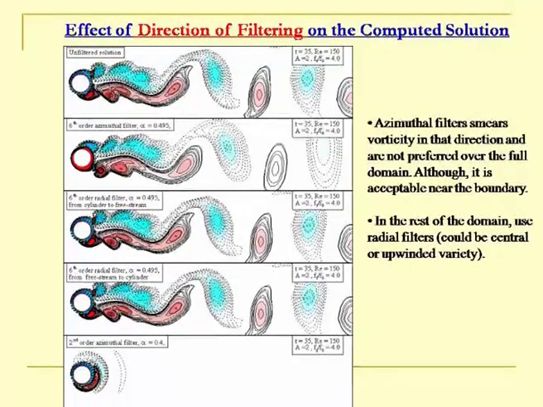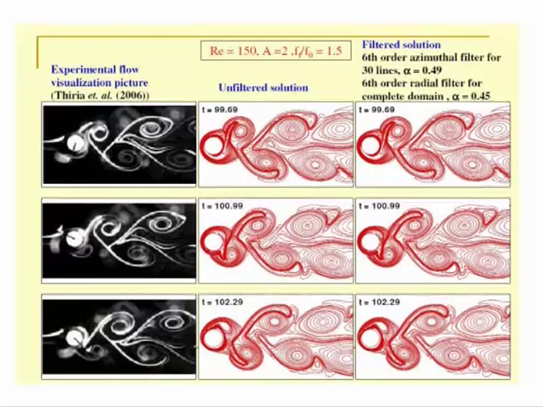In a sense, it is good that at least for a problem of this kind, you do not need to worry tremendously about the direction of the radial filter, but for some combination of physical parameters, this might affect the solution also. So, basically this is a kind of a portrait which will tell you how you are doing as compared to what people may have noticed in an experiment.